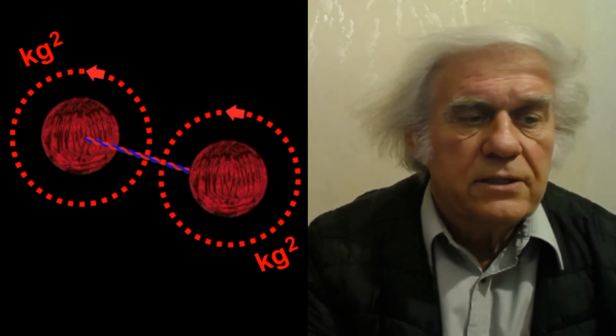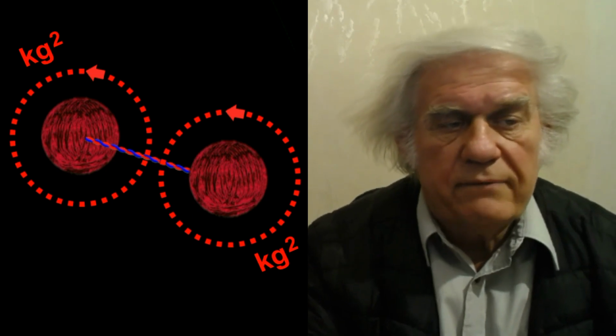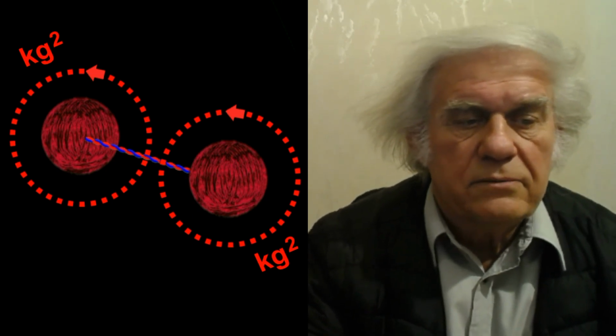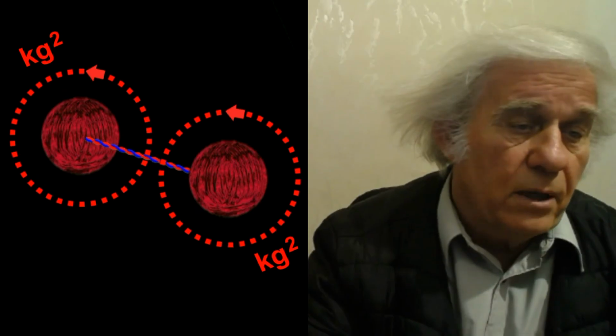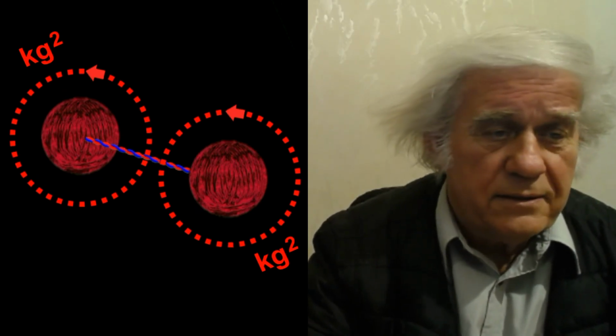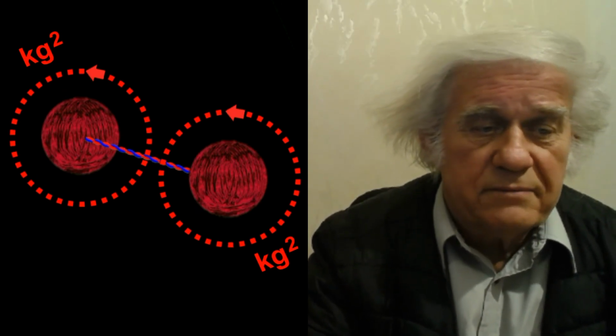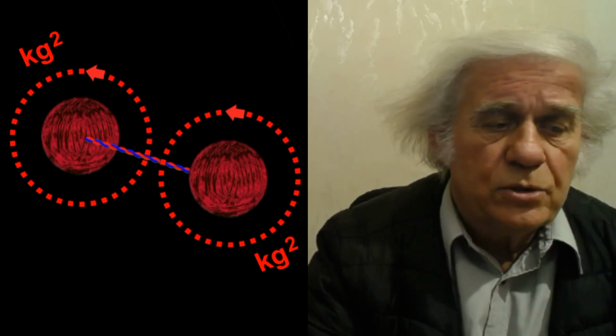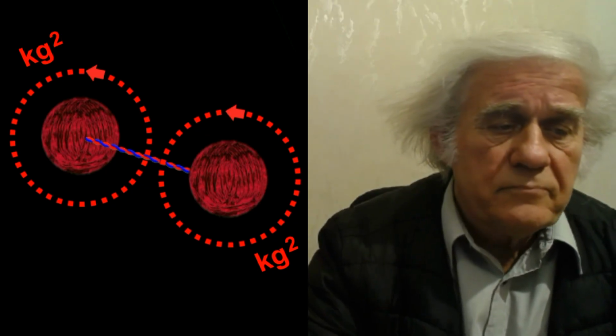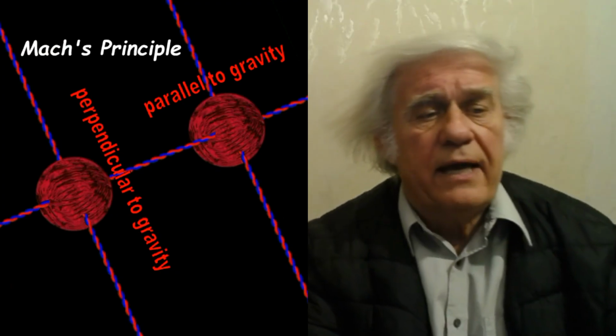This is perpendicular really to gravity. And so, yes, we're going to find this in the denominator. You have the kilogram squared again. They're rolling around, orbiting around themselves. But the issue here is that this is what we have: Mach's principle.